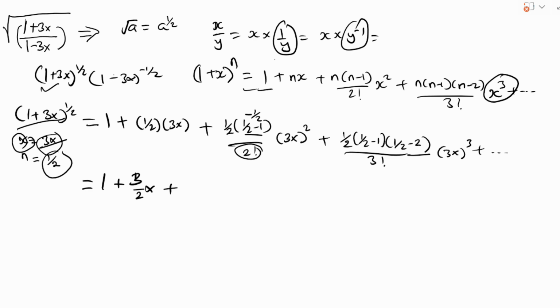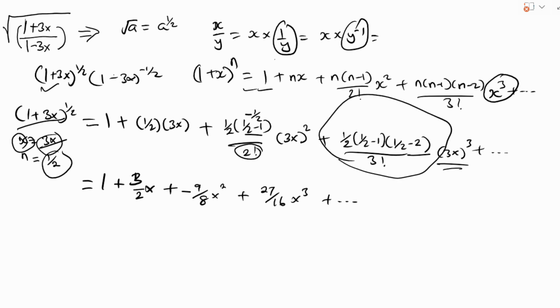In other words, you can actually use a calculator at this point and you will find that this comes to negative 9 over 8 x squared, and this one simplifies to 27 over 16 x cubed, and so on. So this has been simplified up to x power 3. And also don't forget you can use a calculator at this point to ease the work for you.